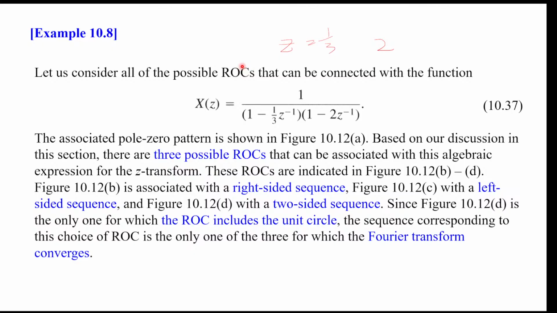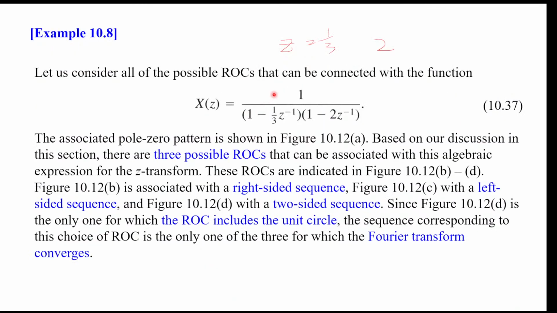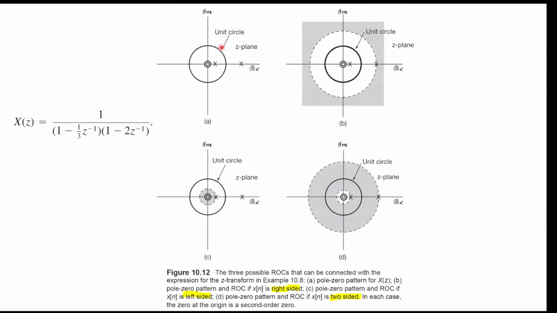We can determine the ROC, and this is quite like the Laplace transform, by using property 7. This is a rational function of z, so the ROC should be bounded by the poles.